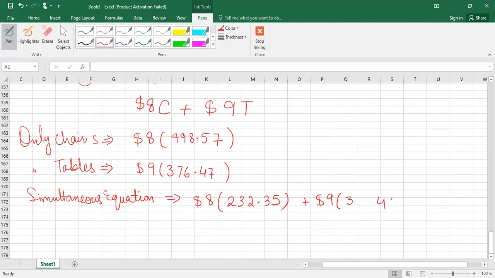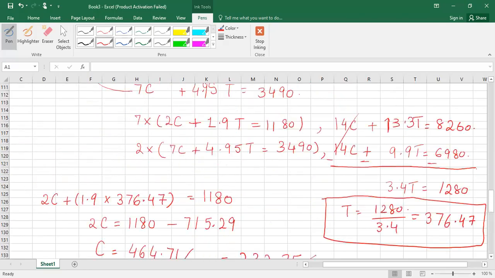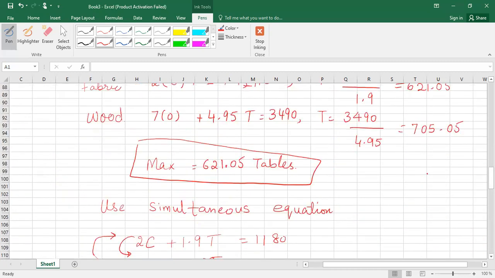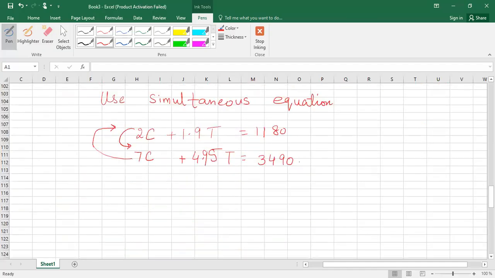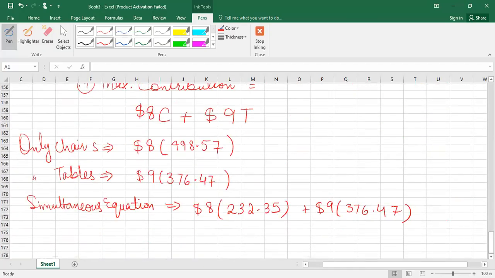And here, if we produce only tables, how much? 621.05. If we produce only tables, 621.05.